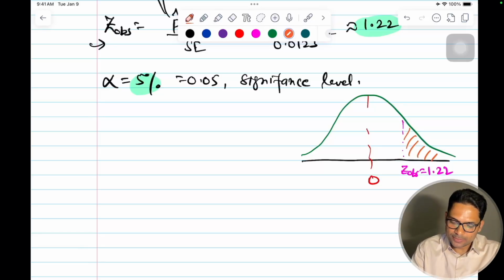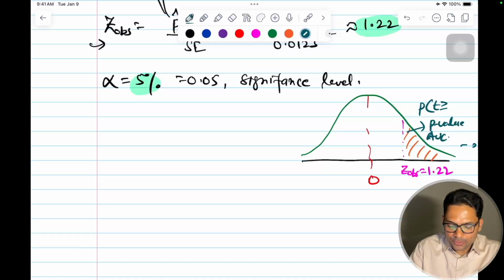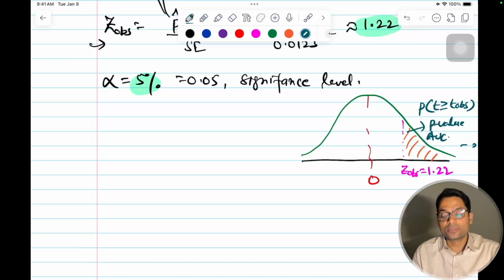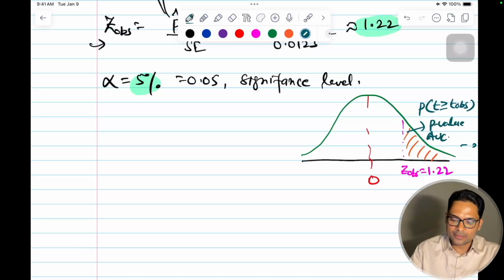The p value is the probability of observing a t value greater than or equal to t observed, z observed. This is the area under the curve.